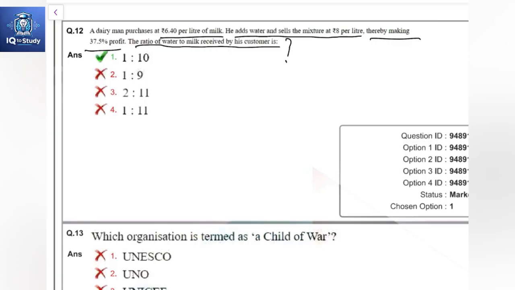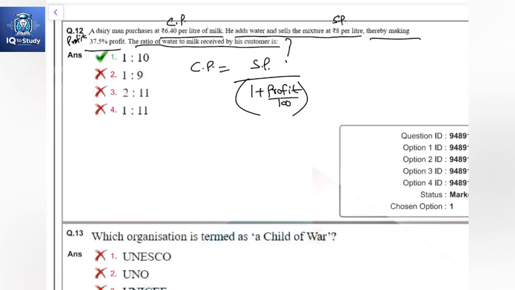Given cost price is 6.40 and selling price is 8 rupees and profit is 37.5%. We know that cost price is equal to selling price divided by 1 plus profit by 100, which is equal to 8 by 1 plus 37.5 by 100, that is equal to 8 by 1.375.